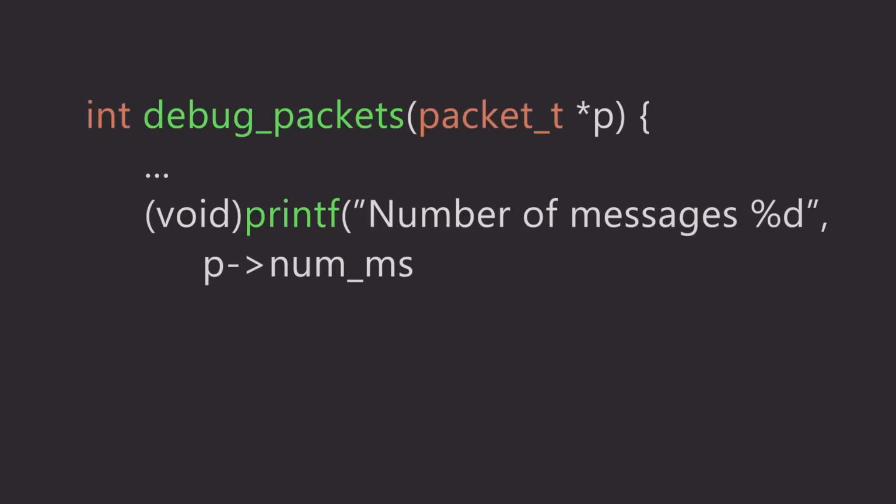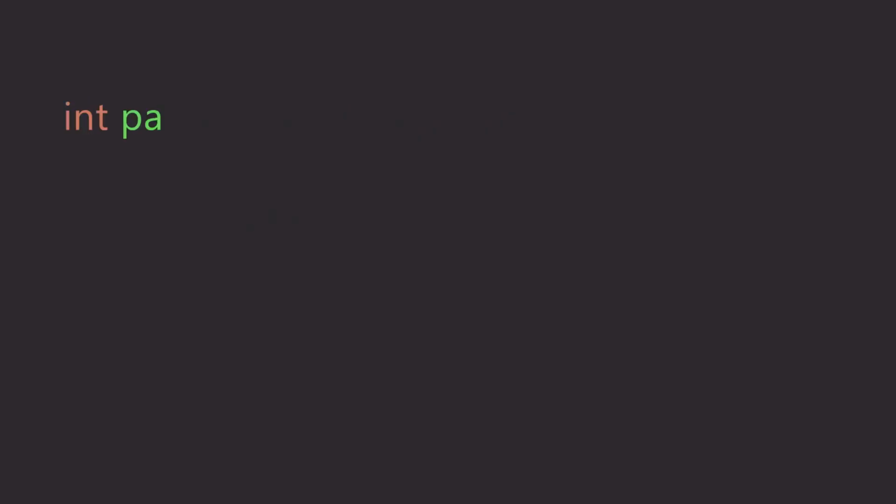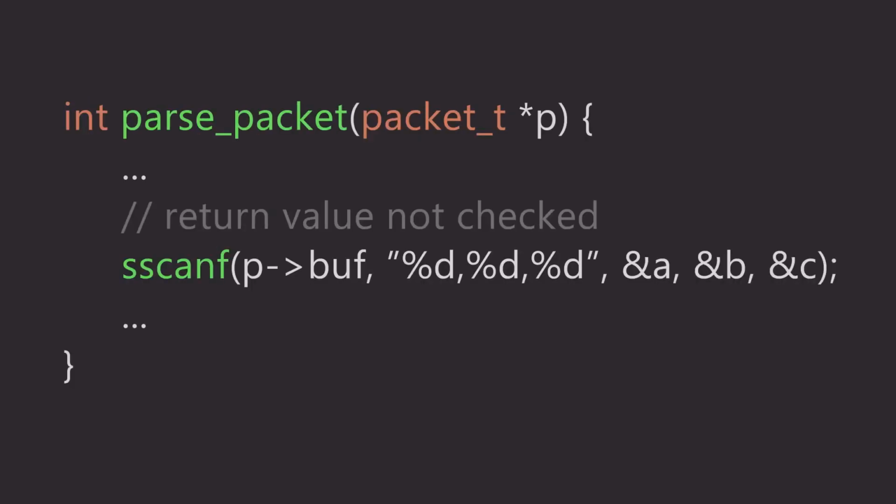To make sure that the person auditing the code understands that the developer meant to ignore the return value, the Power of 10 says that we should explicitly cast all return values that are ignored to a void type. If a non-void function's return value is not cast to void, this means that the developer forgot to check the return value and it should be brought up in a code review.